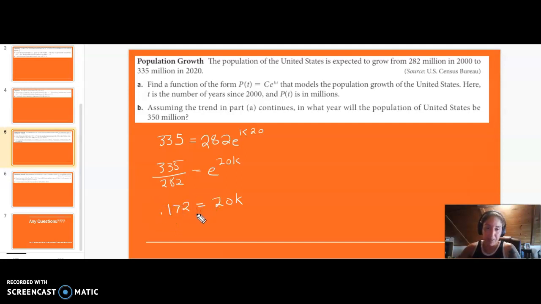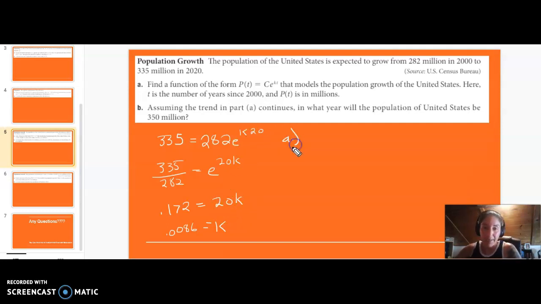So I ln both sides. Now we're going to divide this by 20 to get our k. So dividing both sides by 20, we get 0.0086. Okay, with that as the k now, we can find our function.